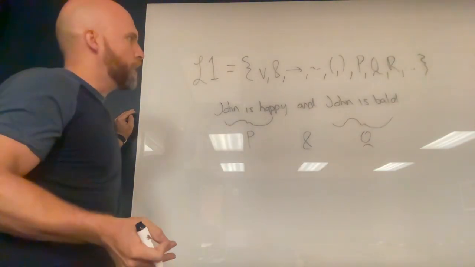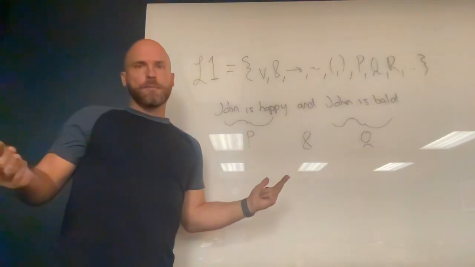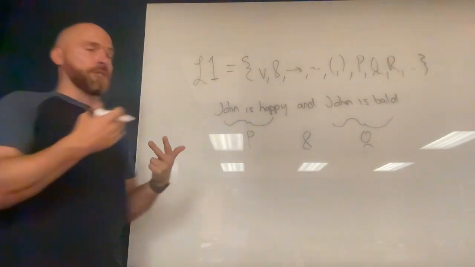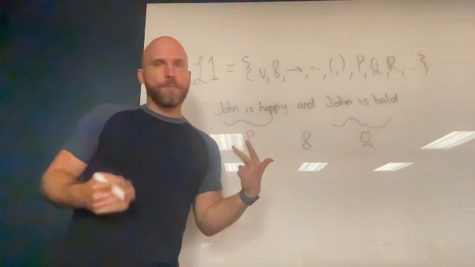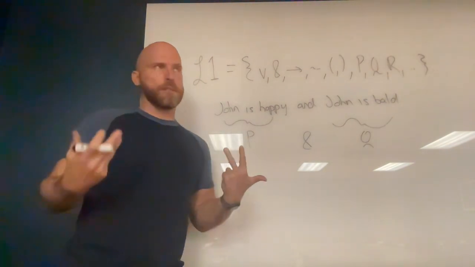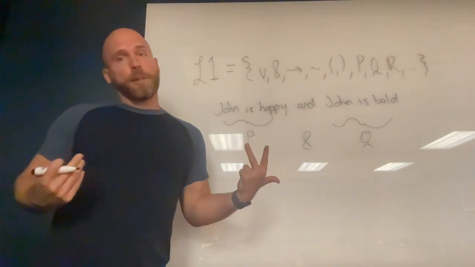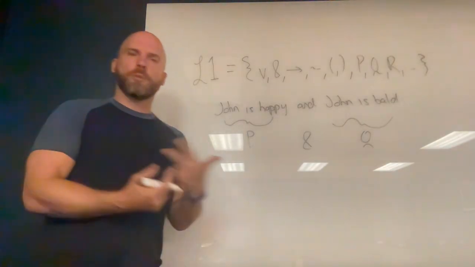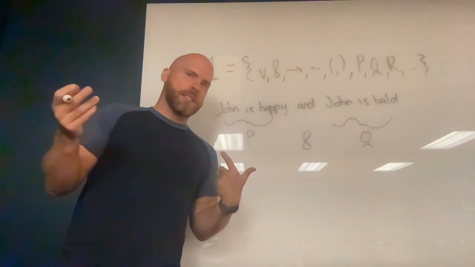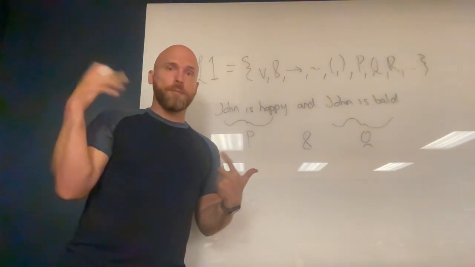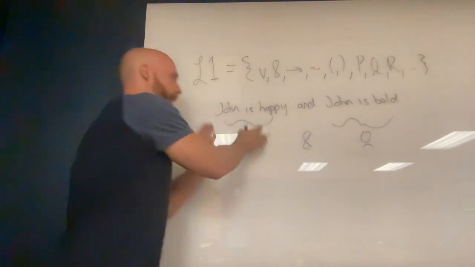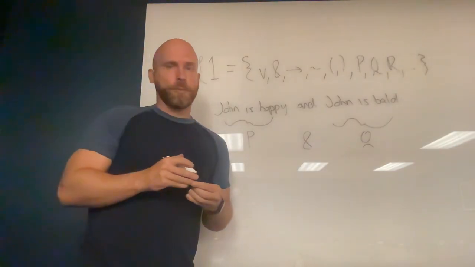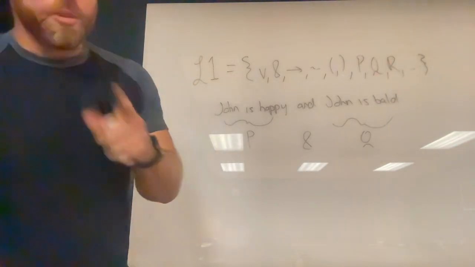So, John went to the store and John bought milk. There's a plausible reading of that where it's a connection. John wouldn't have gotten milk if he didn't go to the store. Another way of saying this, plausibly, is if John goes to the store, then John buys milk, right? So sometimes 'and' can be read in that kind of causal or conditional sense. You just have to keep an eye on that as a natural language speaker when you're doing translations from natural language into this language, L1 or any of the other languages that we work on. So that shouldn't be too challenging.